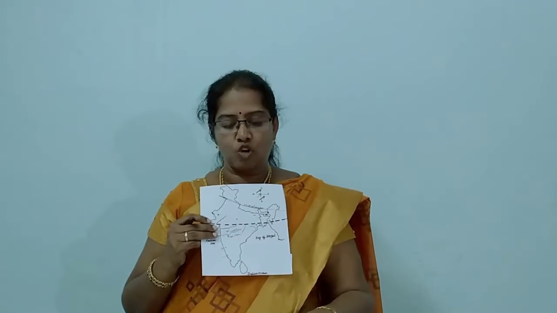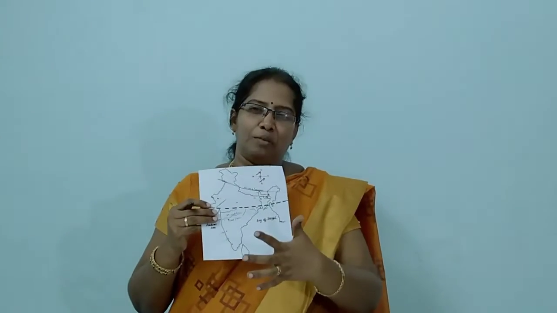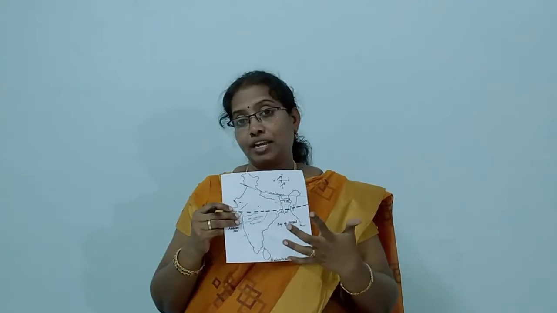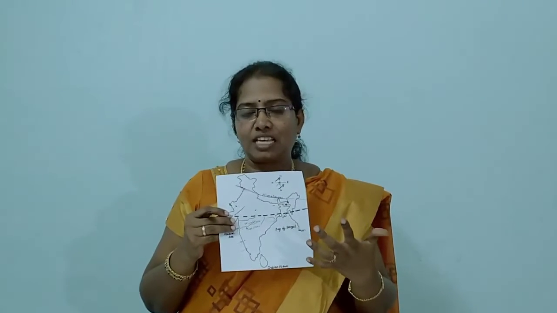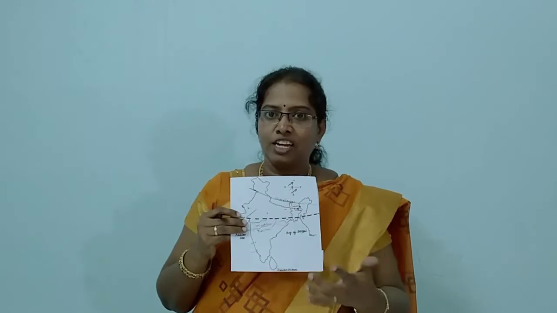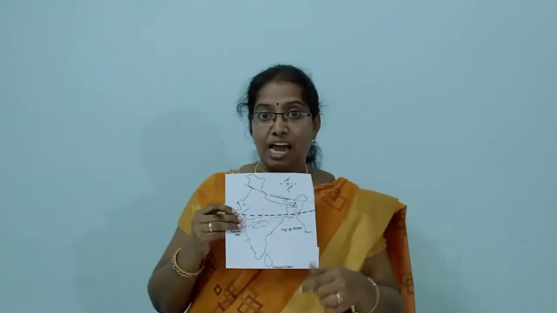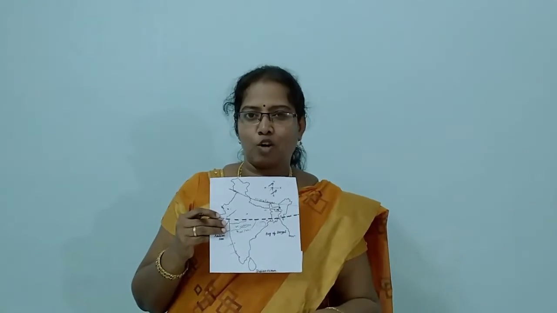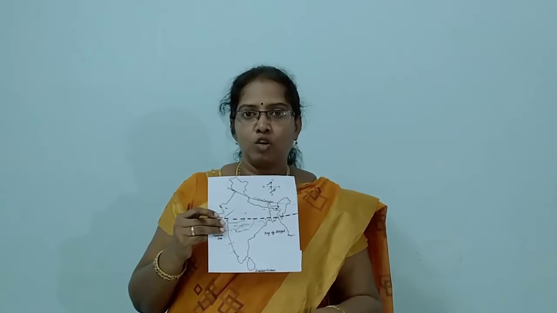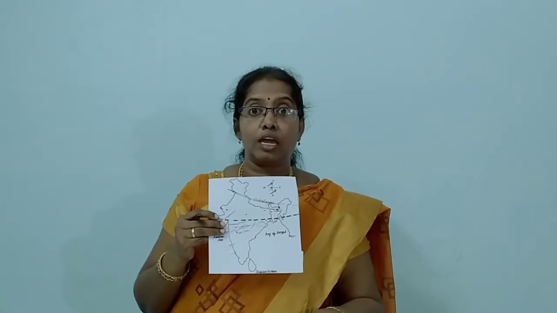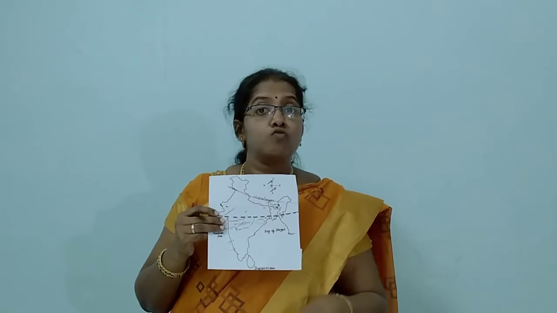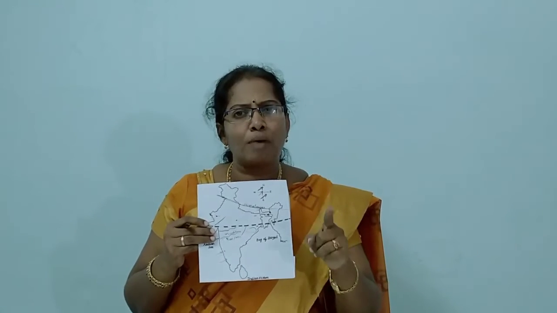During that time, many people in our coastal areas lost their lives as well as property, because the northeast monsoon brings cyclones as well as storms. Nearly 8 cyclones totally: 4 major cyclones and 4 minor cyclones.